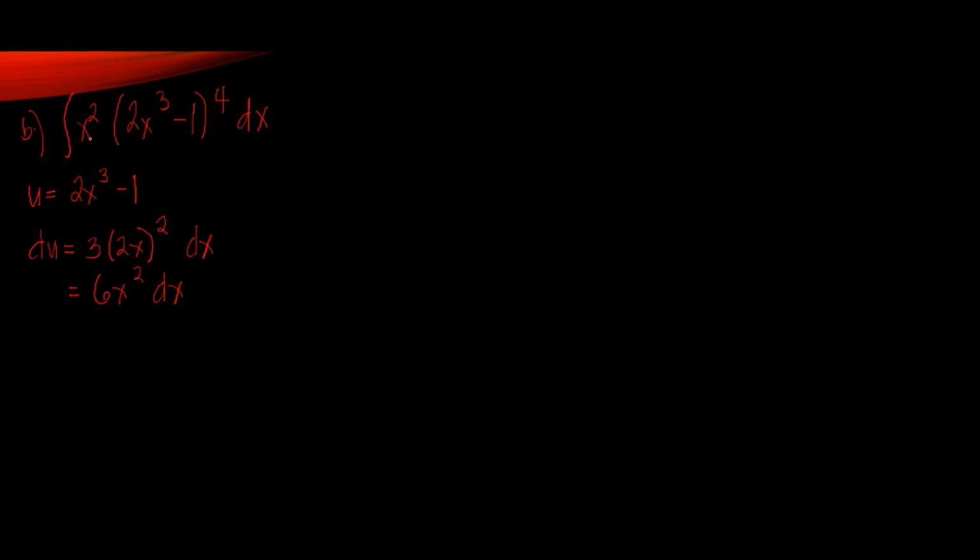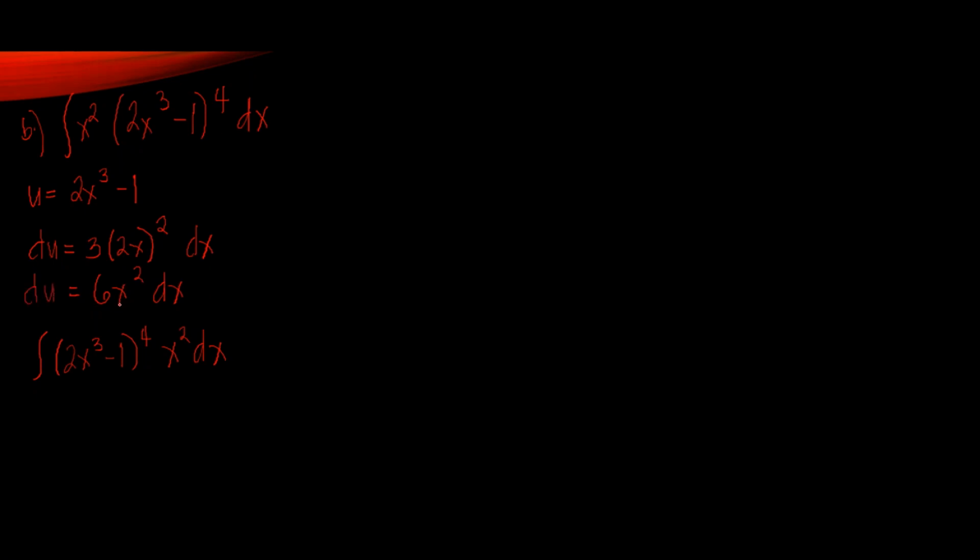Okay? So dito, i-rewrite natin tong original equation natin. So we can rewrite this as (2x cubed minus 1) raised to 4 and then x squared dx. So gaya kanina, meron tayong x squared dx dito, as well as here, meron tayong x squared dx dito. This is du.